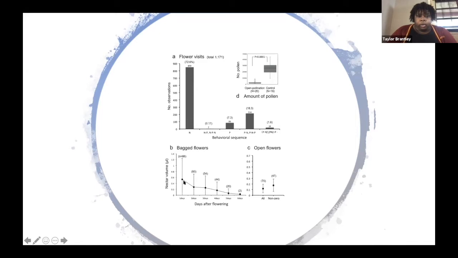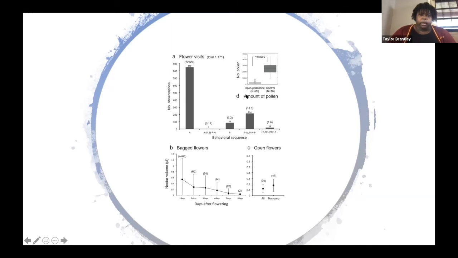Graph B shows the decrease in the nectar volume as the days progress. Graph C shows the amount of nectar found in open flowers. This one shows all the flowers on the left, and then this on the right shows all the flowers, excluding the 23 that have absolutely no nectar.